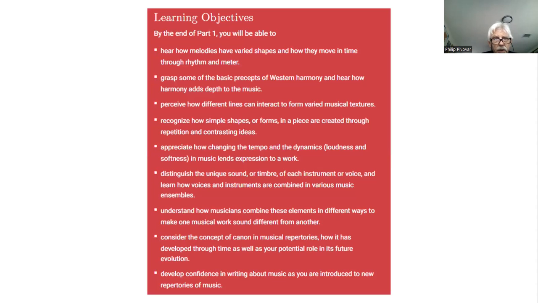We're going to discuss how changing tempo and dynamics, we use the word dynamics regarding loudness and softness in music. We're going to try to learn how to distinguish sounds, right? Timbre of each instrument or voice, and learn how voices and instruments are combined in various music ensembles.